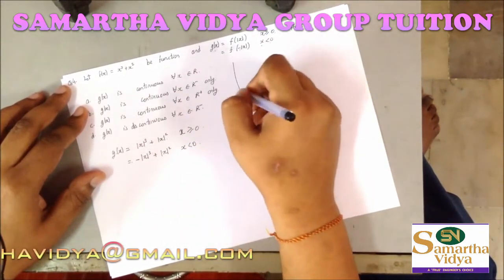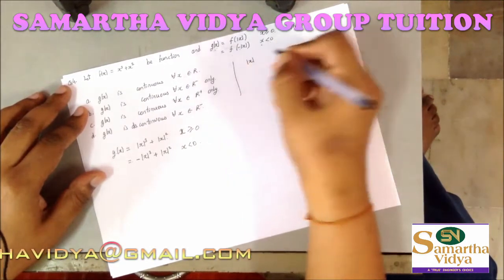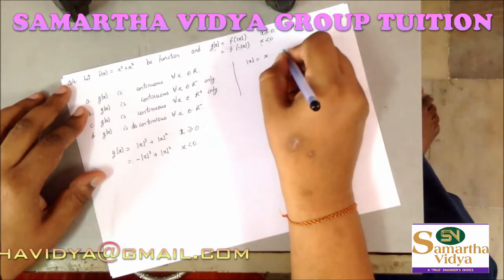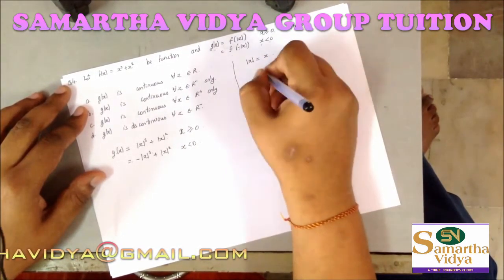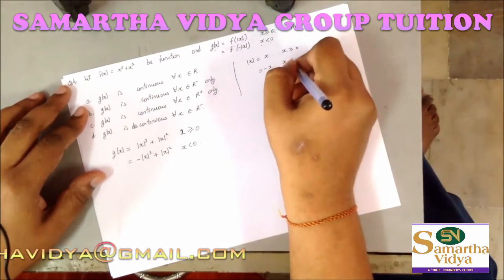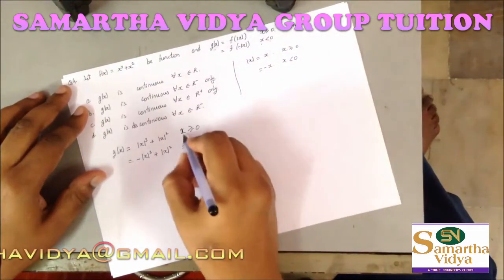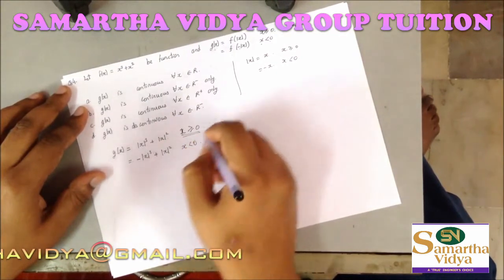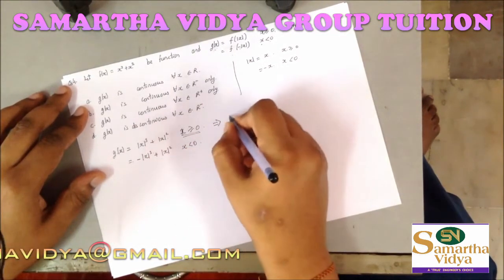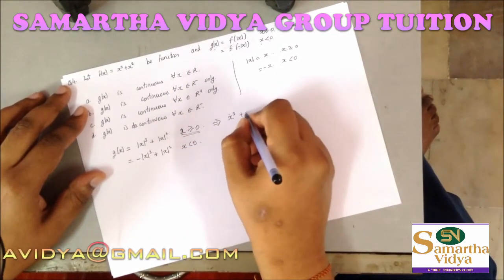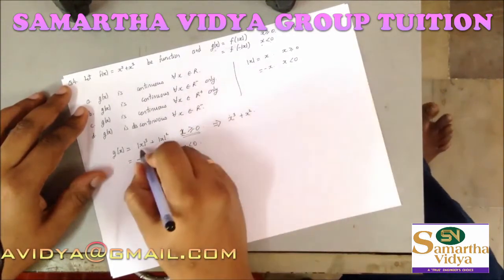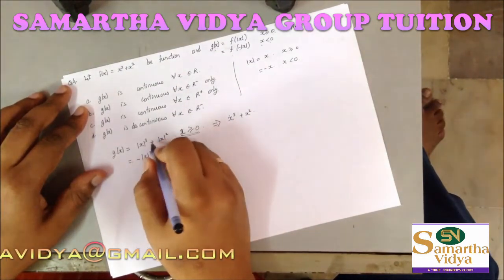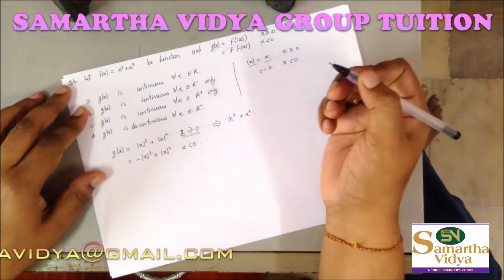Now, as we had seen in the earlier problem, the definition of |x| is x for x greater than 0, and it is -x for x less than 0. So my x is greater than 0, that means this thing will remain x^3 + x^2, because the |x| part remains x only. Mod x remains x.